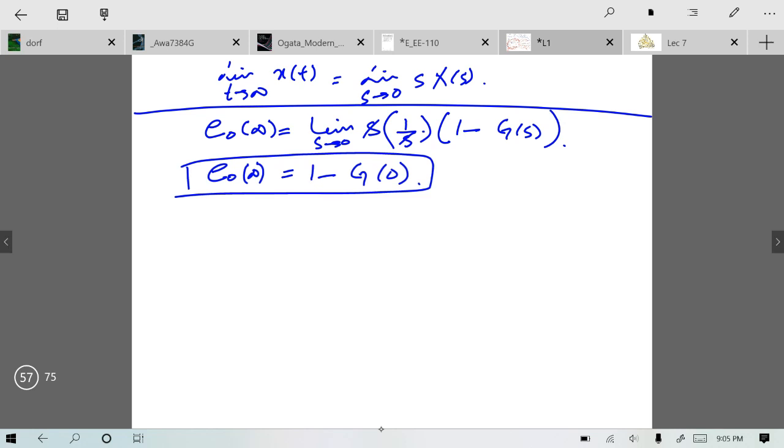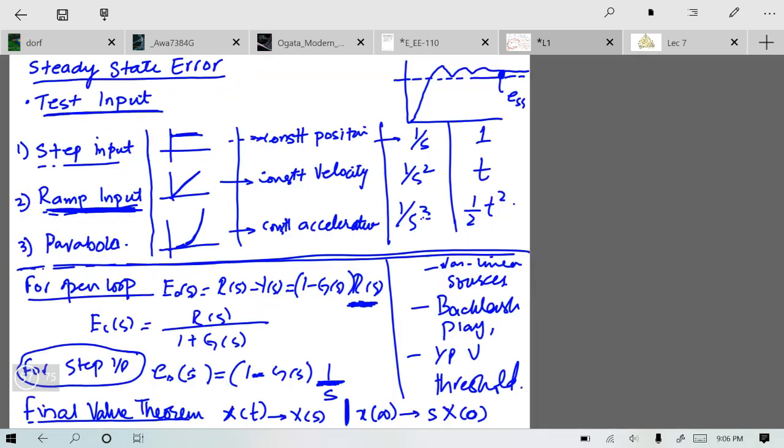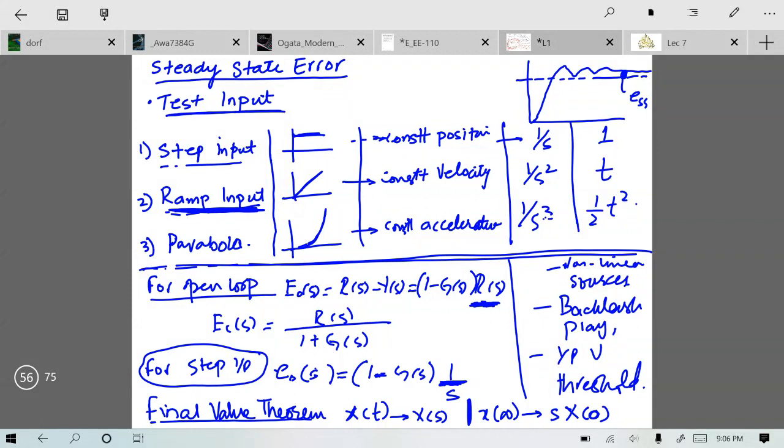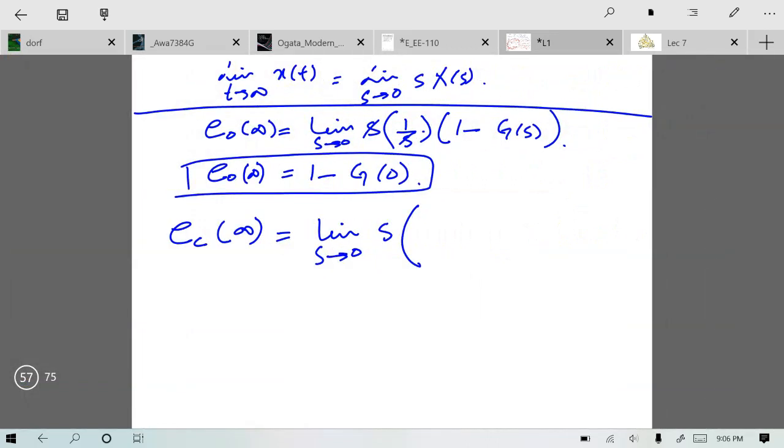Similarly, we can find the closed loop error, which would be equal to the limit as s approaches 0 of s into 1 over 1 plus G of s into R of s.